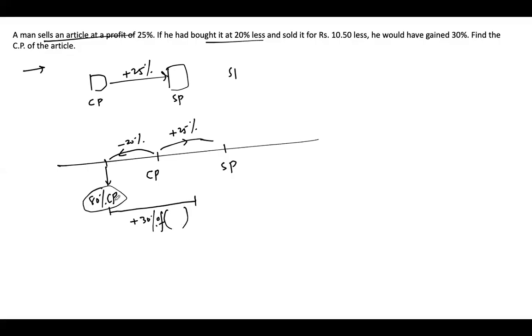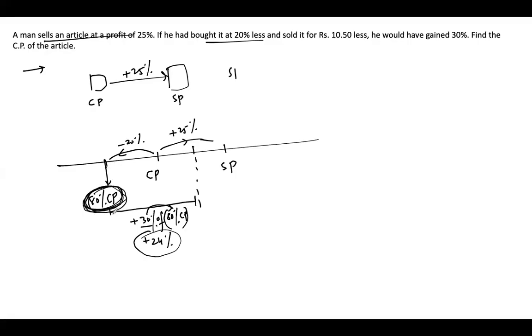Which is 80%, that is 4 by 5 into... so what is 30% of 80%? 24%.